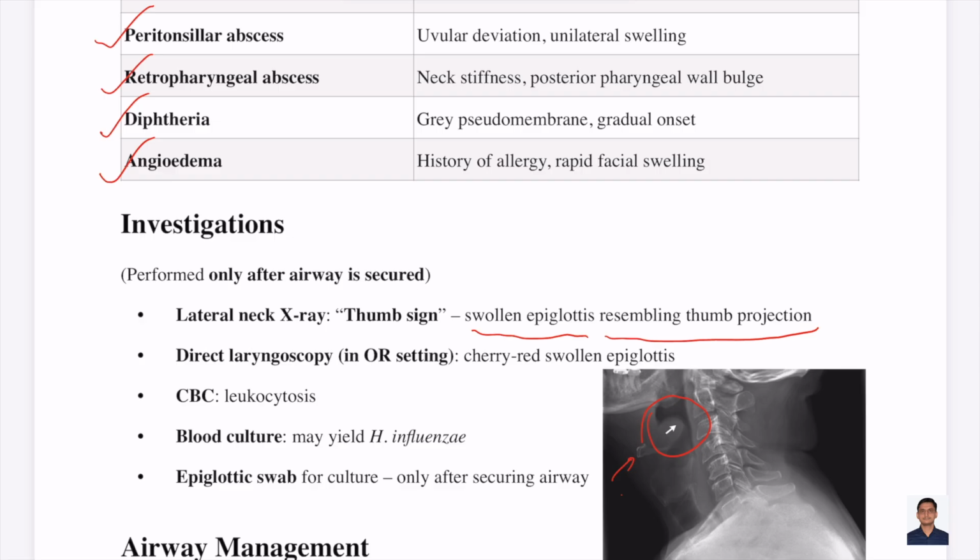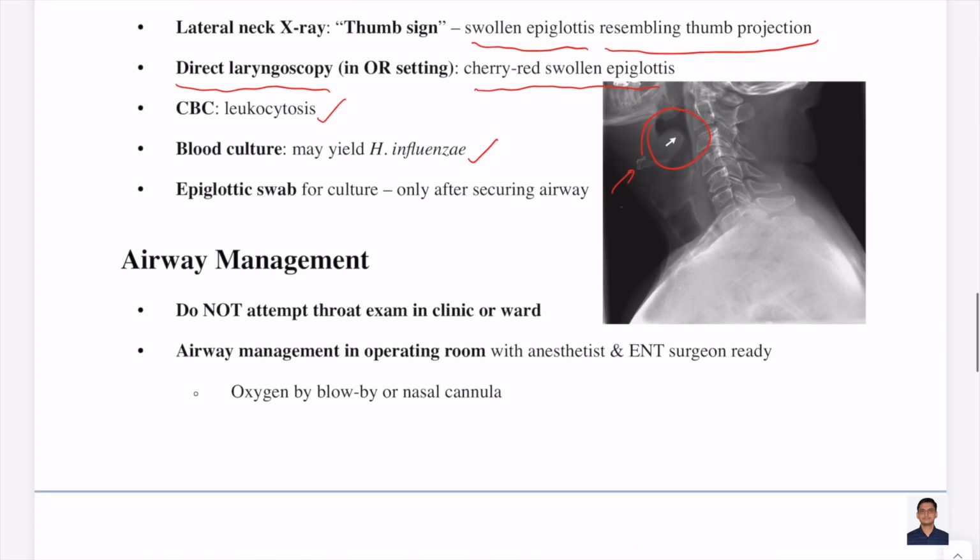And in the operating room, direct laryngoscopy can be used to see the cherry red swollen epiglottis during the intubation. CBC shows leukocytosis. Blood culture may yield bacterial growth, and an epiglottic swab can be taken after securing the airway.